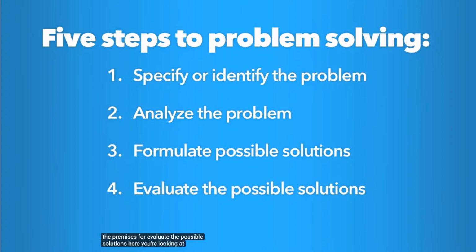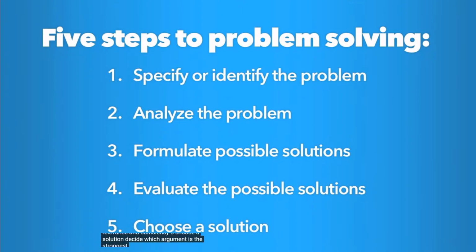Here, you're looking at each argument to figure out how strong or weak it is. A good way to do this is by examining the premises you came up with for their truth or acceptability, relevance, and sufficiency. 5. Choose a solution. Decide which argument is the strongest based on your evaluation and use that argument as a basis for taking action.